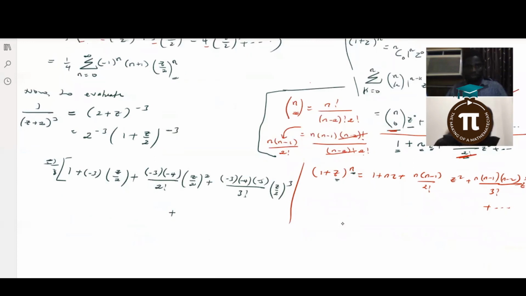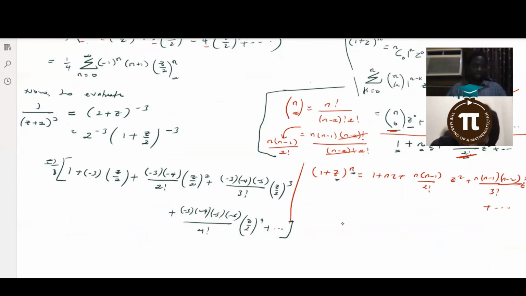Plus, let me write another one. Minus 3 minus 4 minus 5 minus 6 divided by 4 factorial (z/2)^4, and it goes on like that. Do you understand?